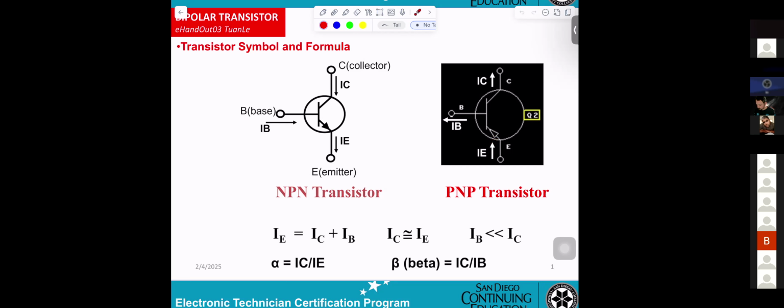This is very basic, when you're looking into the symbol, you're able to recognize, is it a NPN or PNP? Later on I'll tell you a little about the physical of NPN and PNP transistor.